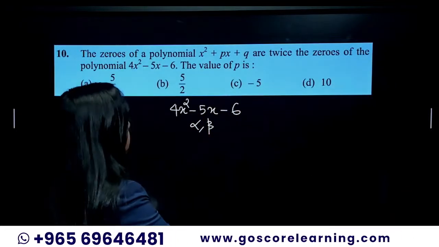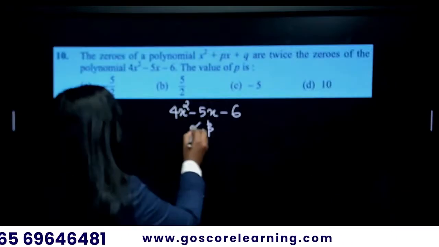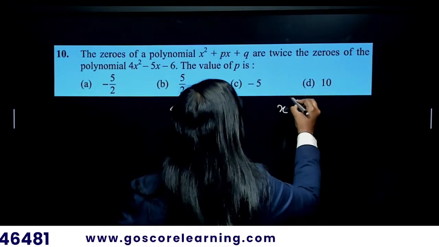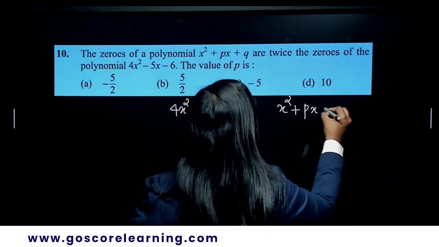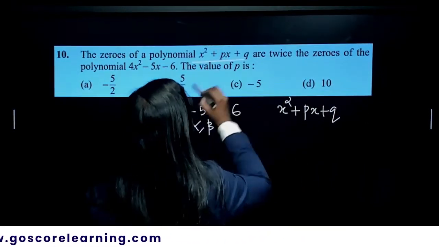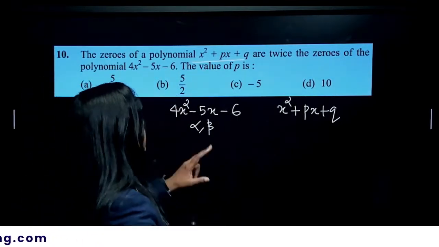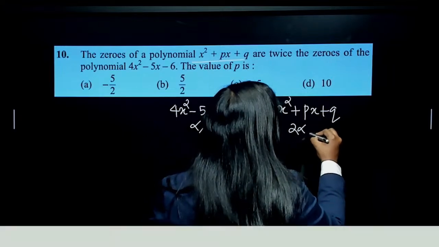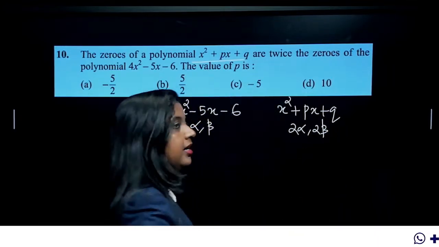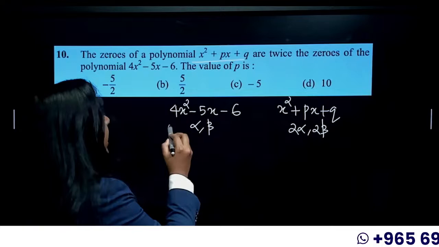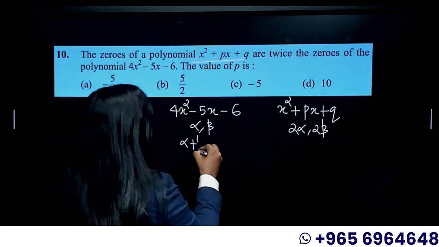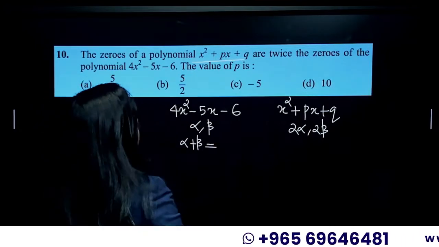So let alpha and beta be the zeros of this polynomial. Then it is given that the zeros of this polynomial are twice the zeros of this polynomial. So if this is alpha and beta, this will be 2 alpha and 2 beta, because it is twice. Here the sum of zeros, alpha plus beta, is equal to minus b by a.